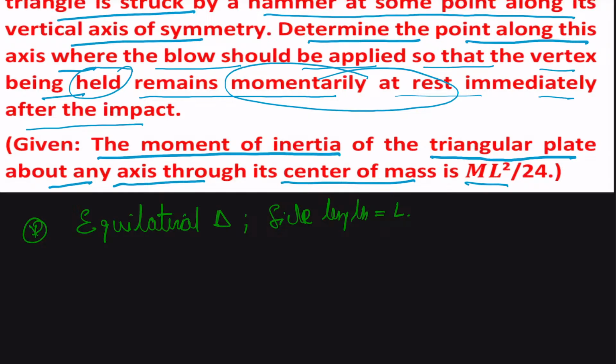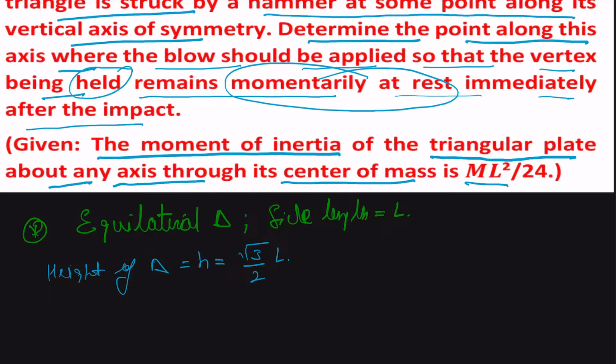Therefore, from here we can find out the height of the triangle. Height of the triangle, let us call this h, and that will be equal to square root of 3 divided by 2 times L.